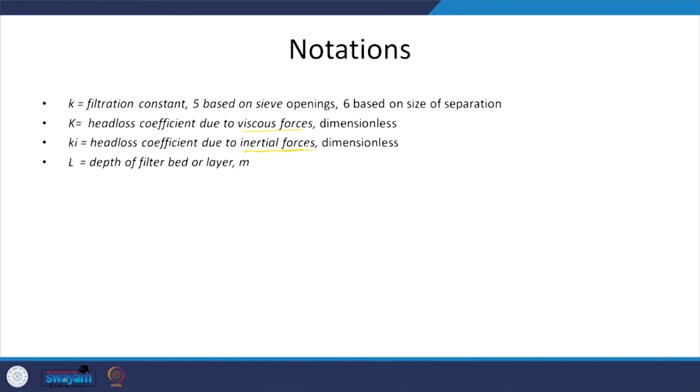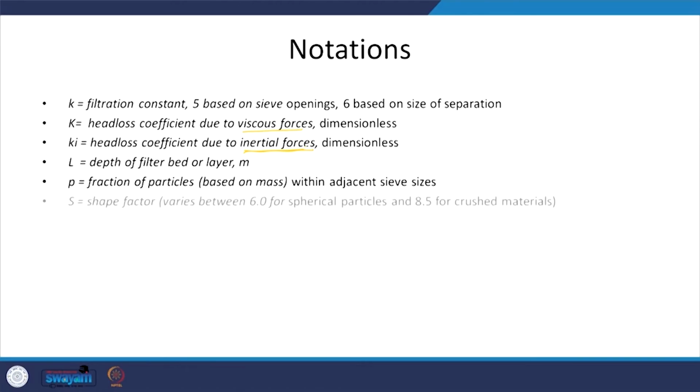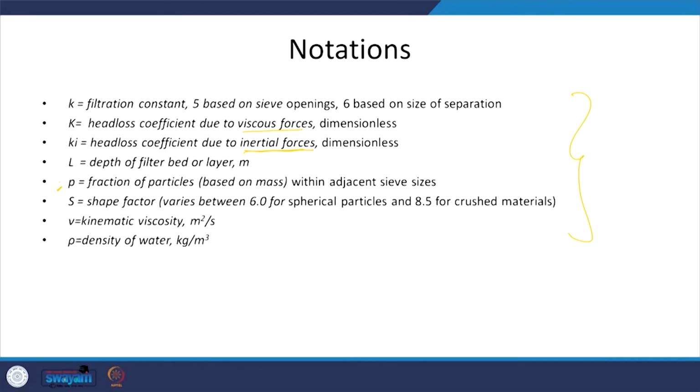L is depth of filter bed, P is the fraction of particles based on mass within adjacent sieve sizes. S is the shape factor, which is a different notation used by a different set of books, but I wanted to give both notations. We have also seen this earlier. Kinematic viscosity, density of water. Okay, let us move on.